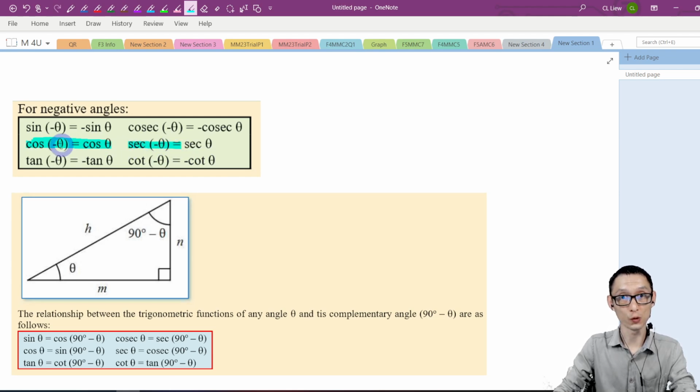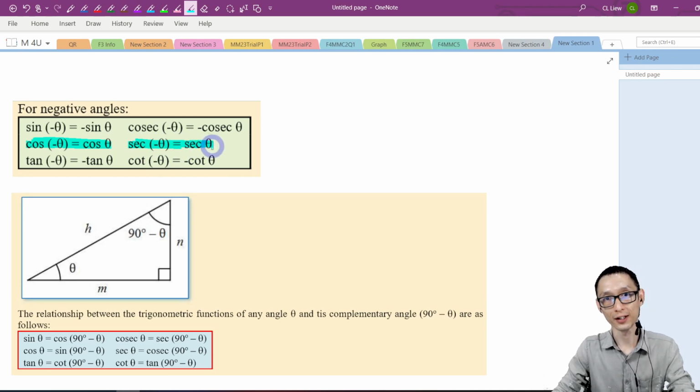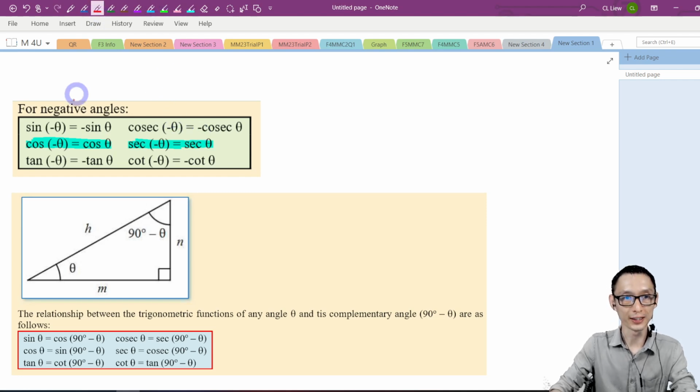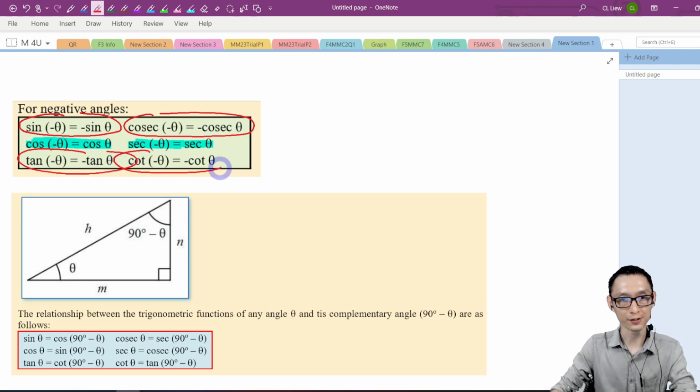Secant and cosine use the same rules because secant is 1 over cosine, right? You see, secant negative theta is just equal to secant theta. We don't have to add a negative for it. For the rest, we need to add a negative in front of it. Same thing here and same thing here.